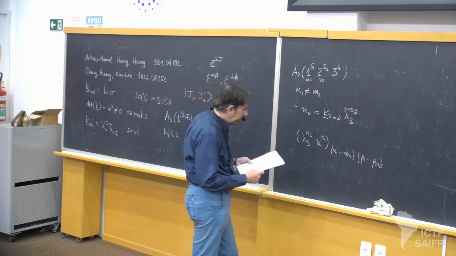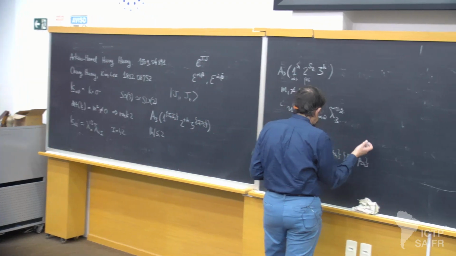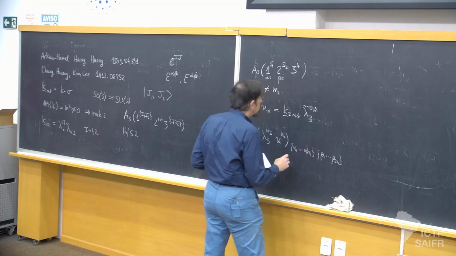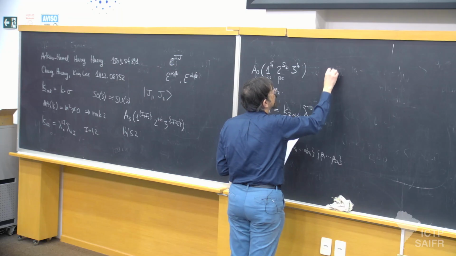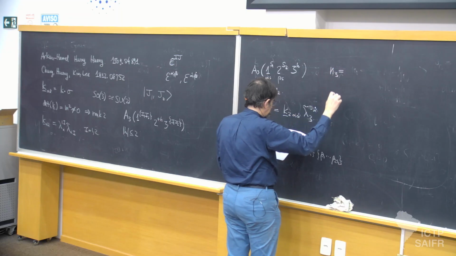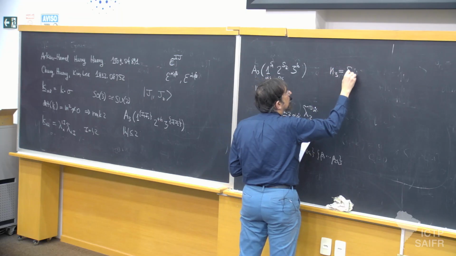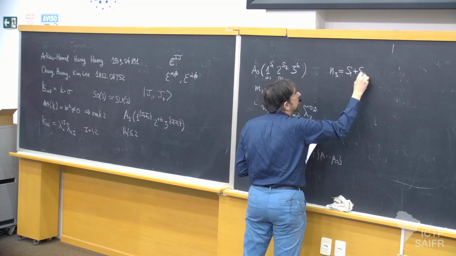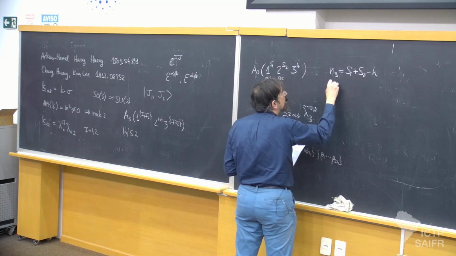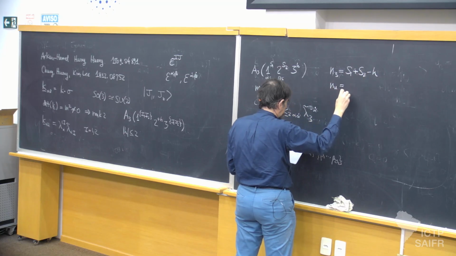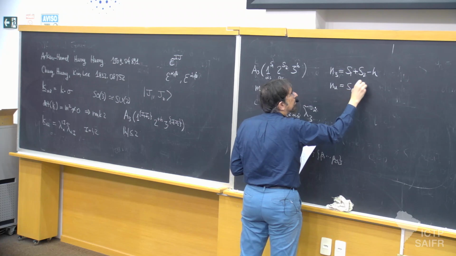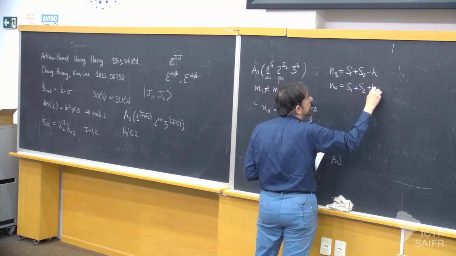And here you can again solve for N3 and NU. You find that N3 is S1 plus S2 minus H, and NU is simply S1 plus S2 plus H.